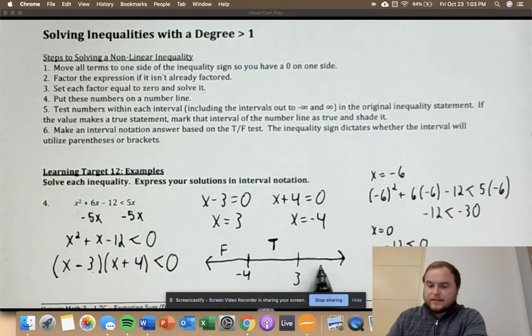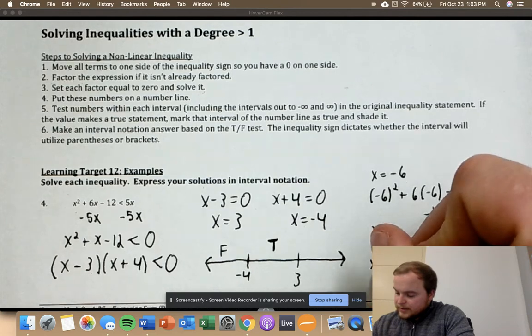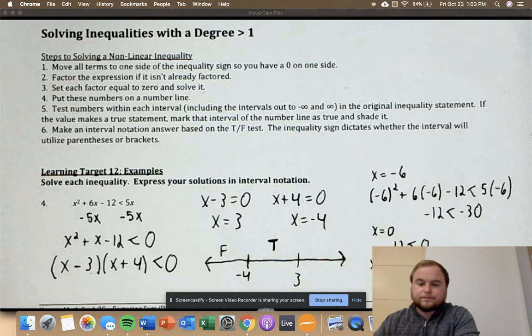Then we just have to test the upper limit, when we have a number that's greater than 3. So we'll say when x is equal to 5.